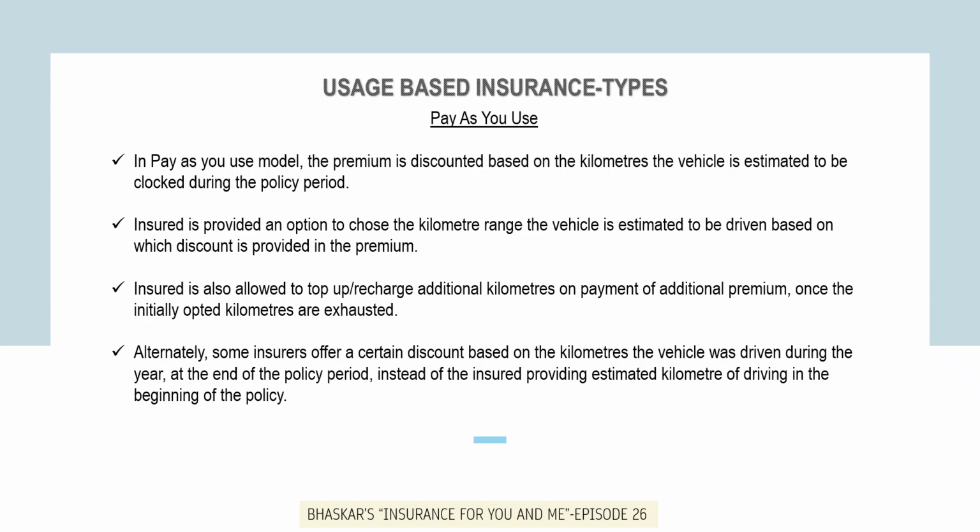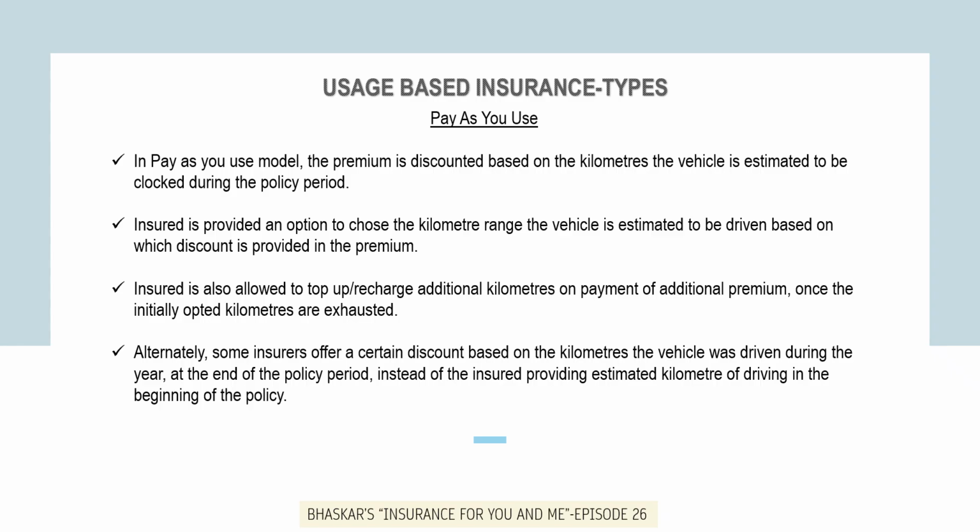The first one is pay as you use. In the pay as you use model, the premium is discounted based on the kilometers the vehicle is estimated to be clocked during the policy period. The insured is provided an option to choose the kilometer range the vehicle is estimated to be driven during the policy period, based on which a discount is provided in the premium.